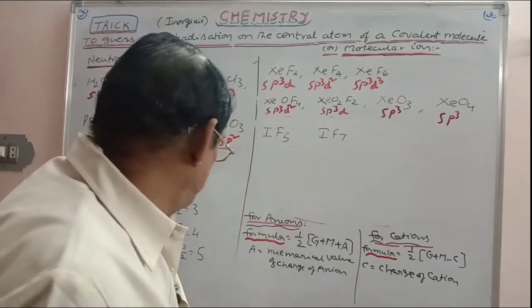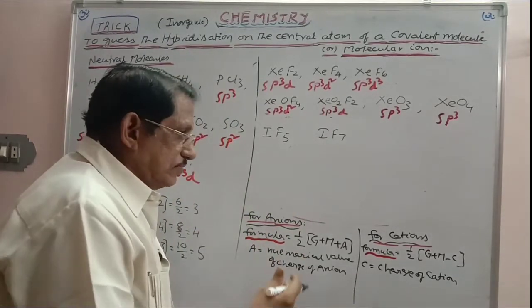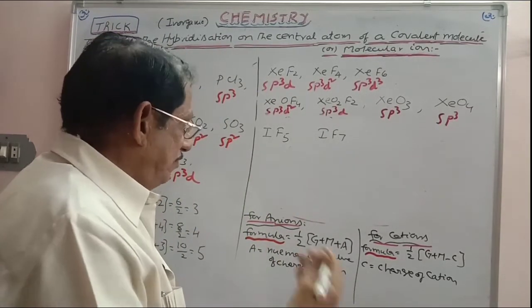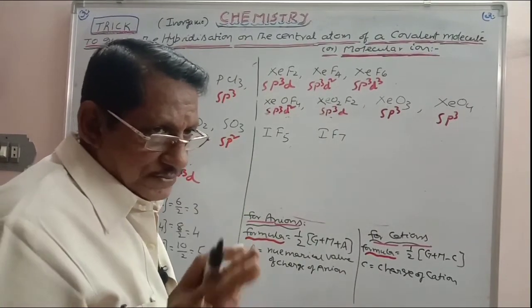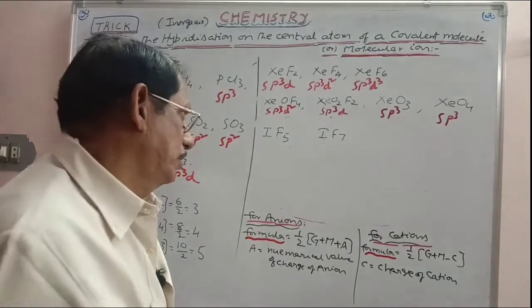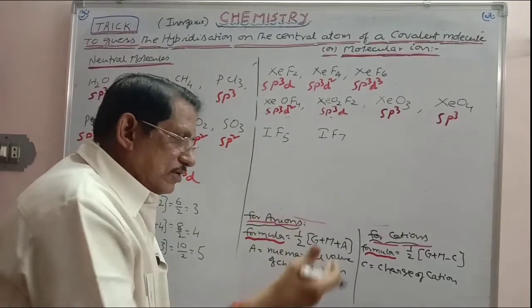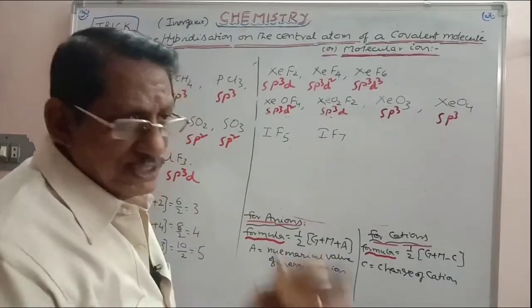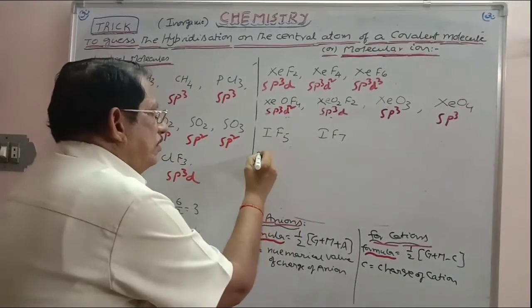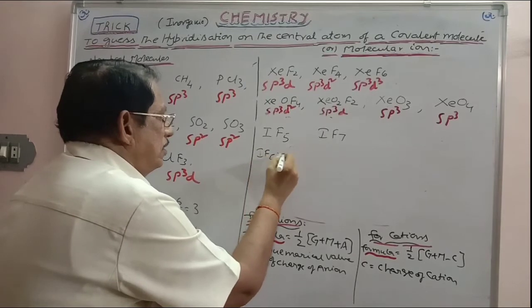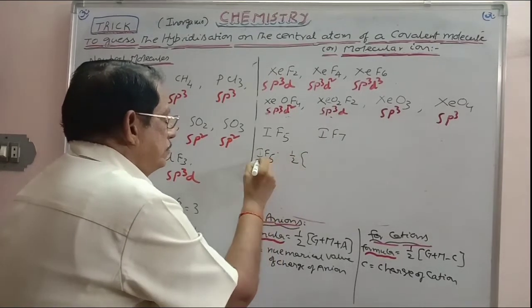These are interhalogen compounds. ClF3, ClF5, IF5, BrF5, IF7 only exists. BrF7, ClF7 do not exist. This is only due to the larger size of the iodine atom. It can accommodate 7 fluorine atoms around it. So it is existing.